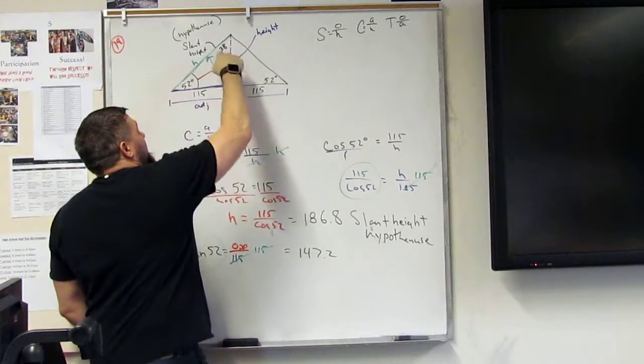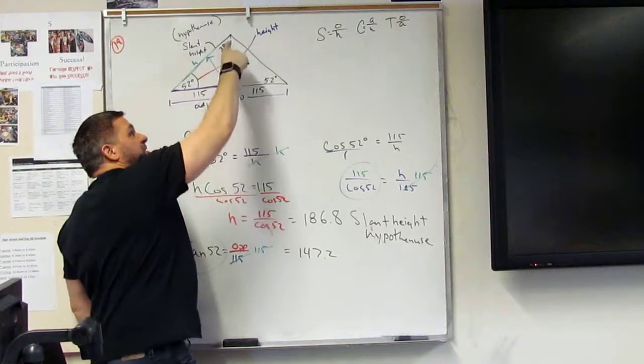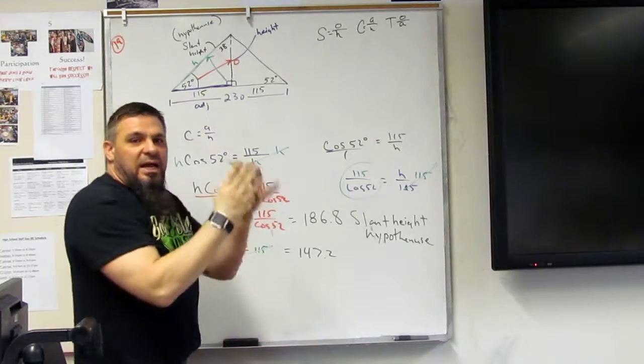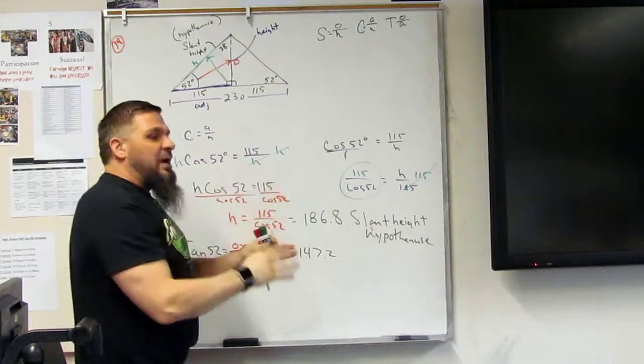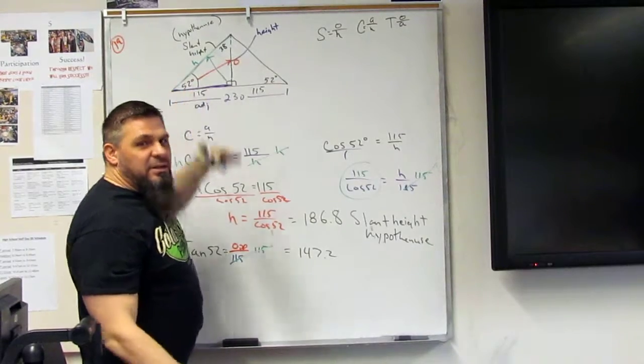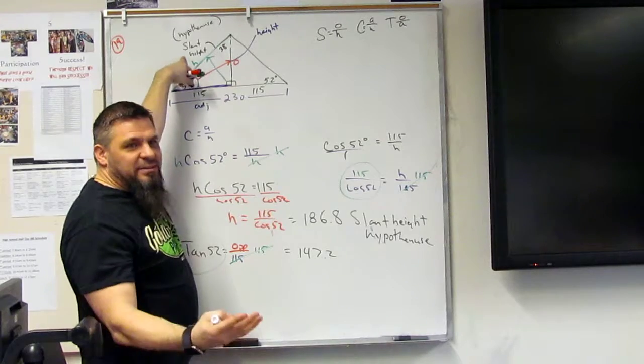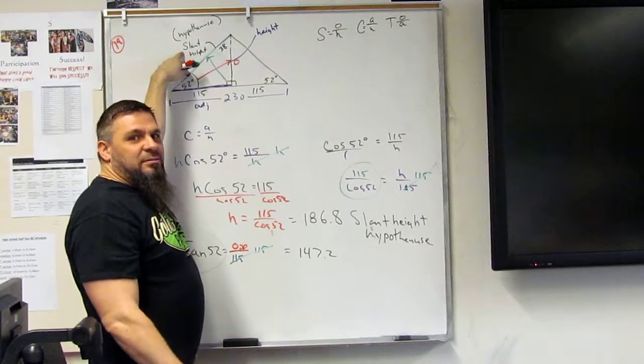So then, this is smaller than this, right? So this side should be smaller than this side. The side opposite the smaller angle should be smaller than the side of the bigger angle. Does that make sense? And the biggest angle should have the biggest side. Does that make sense? 90, big side, right?